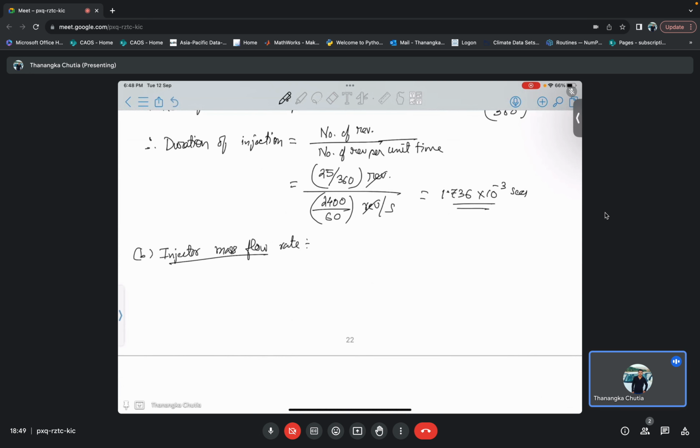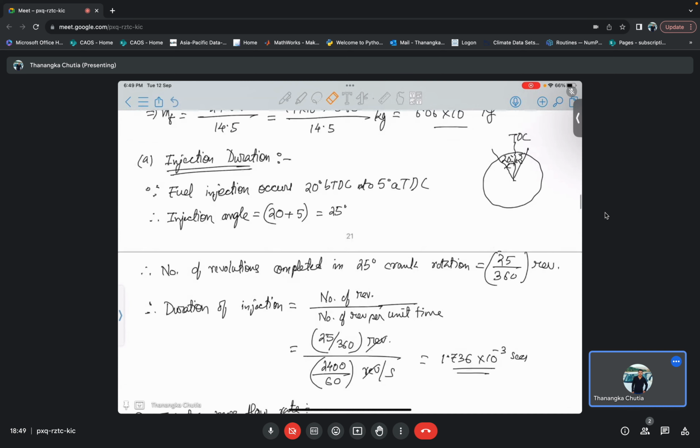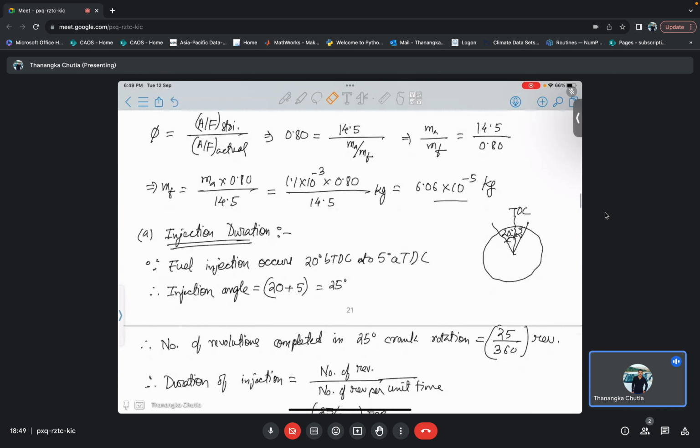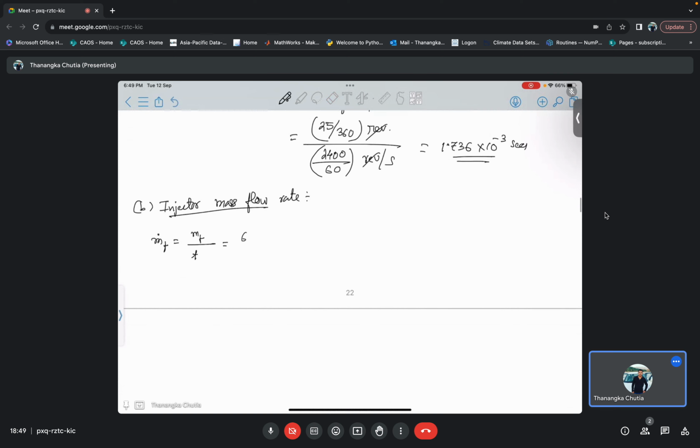So whatever is the mass flow rate of the fuel is basically the mass flow rate of the injector. Okay, so basically m dot f is equal to what? Mf divided by T. That is the mass of the fuel, 6.06 into 10 to the power minus 5 kg, and this duration is 1.736 into 10 to the power minus 3 seconds.